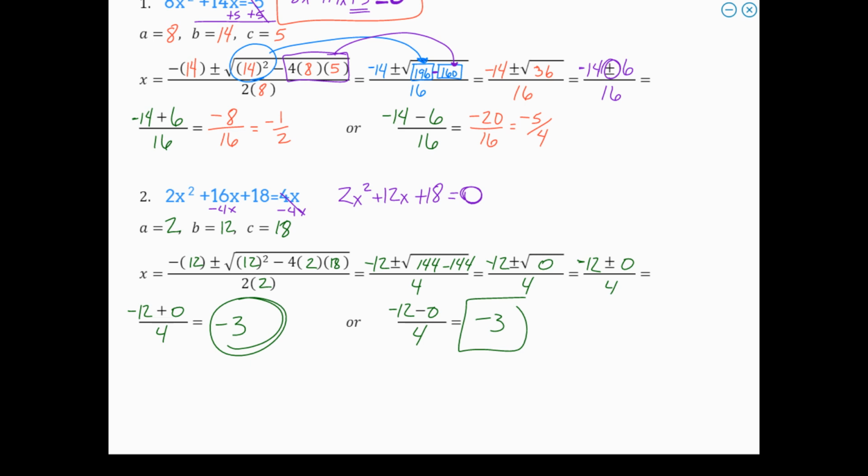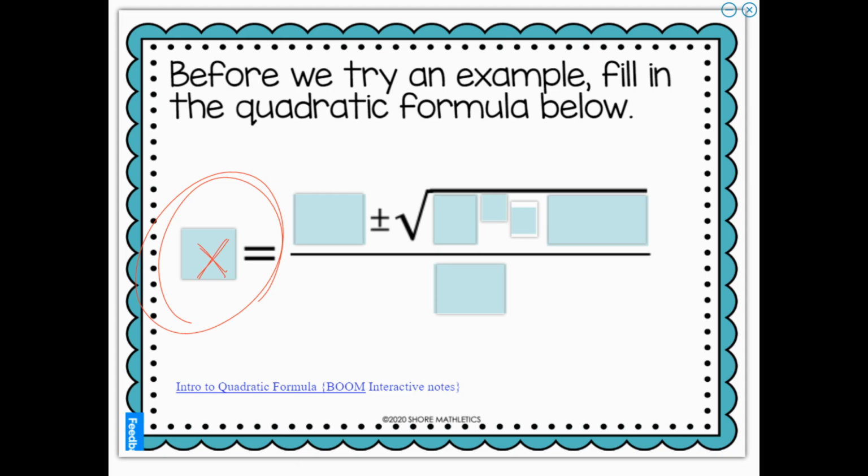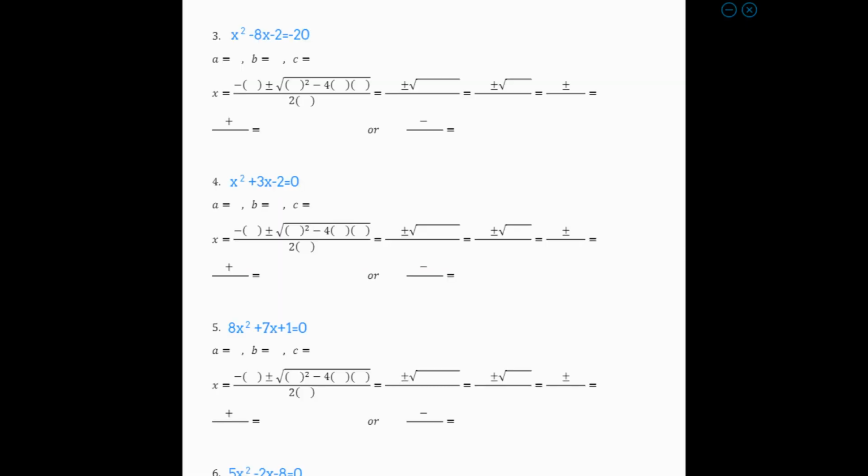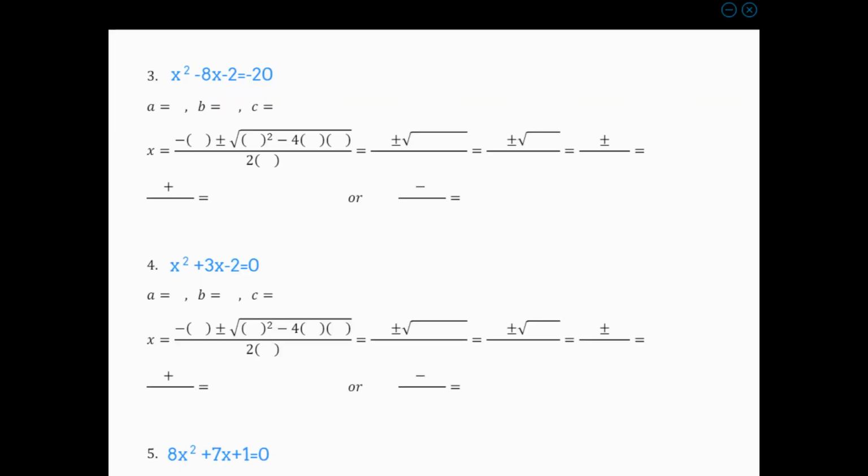What are some of you noticing that's different about the third problem? Okay. It just starts with a plain x squared. So what does that make your a equal? 1. Okay, we still have to make it equal to 0, right?